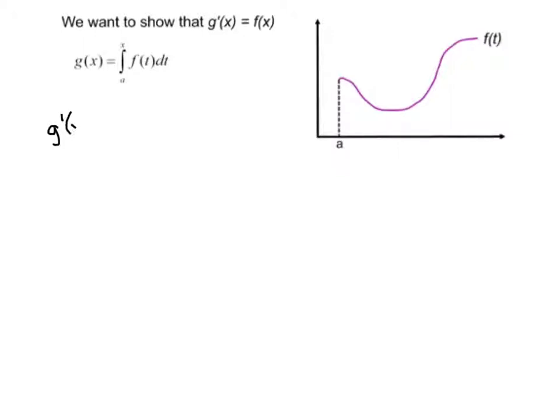g prime of x is equal to the limit, as h approaches 0, of g of x plus h minus g of x, all over h. Remember that? All the way back to the definition of a derivative. Now, what we always did with that was plug x plus h into our equation.